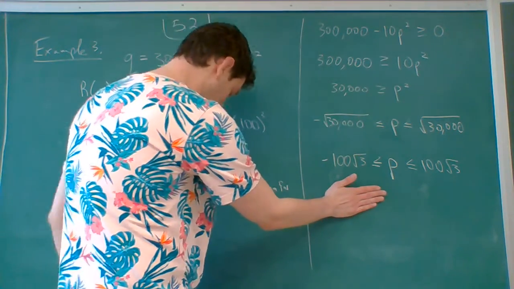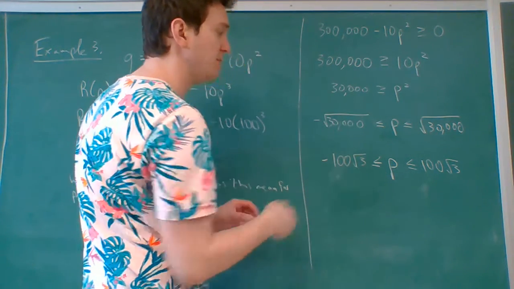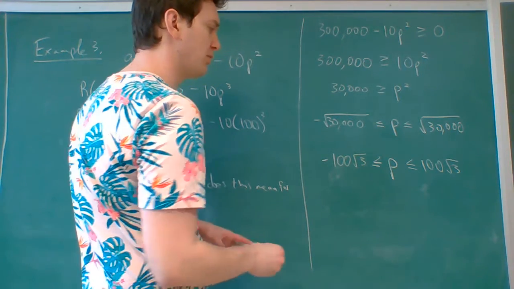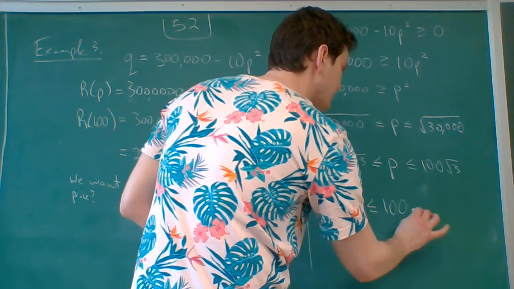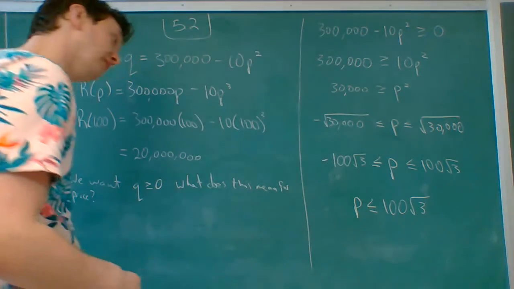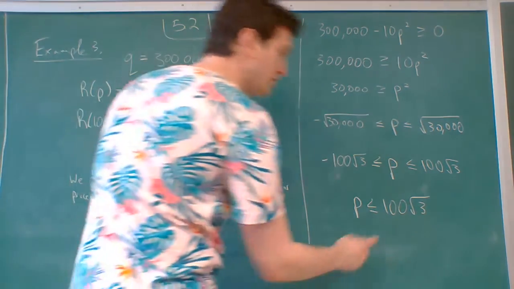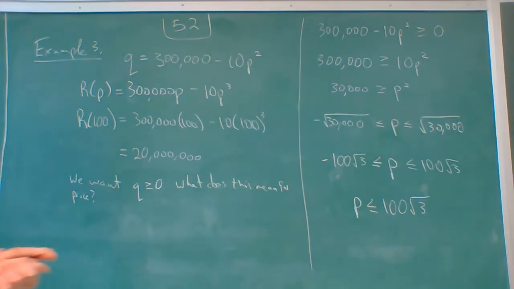The negative side doesn't mean anything because we already knew our price has to be positive. So really what we're getting from this is that our price is bounded above by 100 times square root of 3.